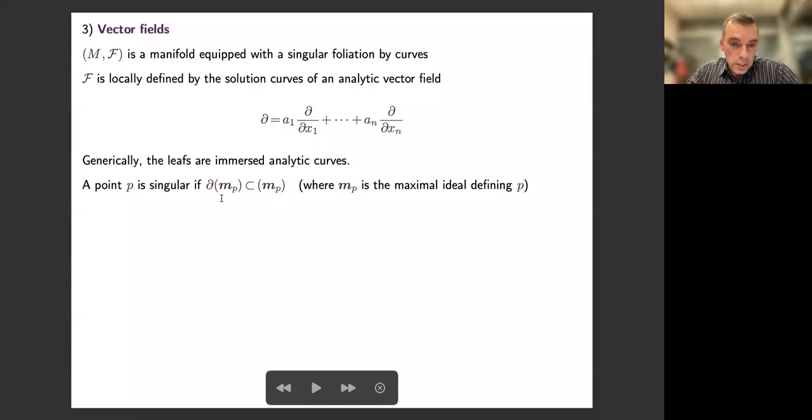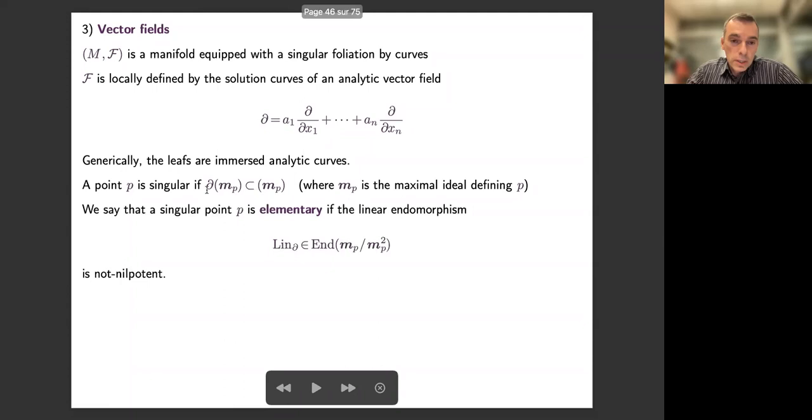So using this characterization, we can also define what we call an elementary point. A point which is singular will be called elementary if, when you consider the induced endomorphism in this vector space, the quotient of the maximal ideal by its square, this endomorphism should be non-nilpotent.